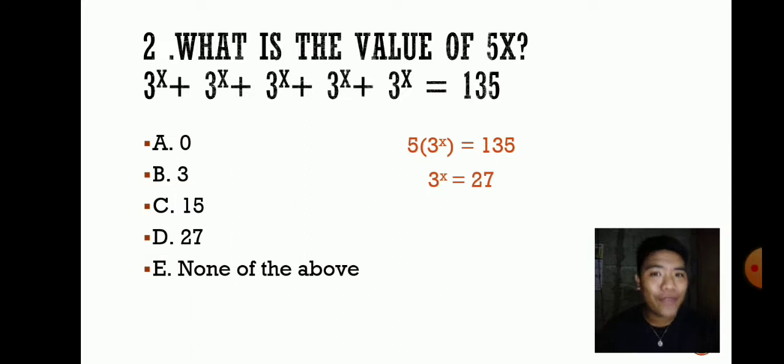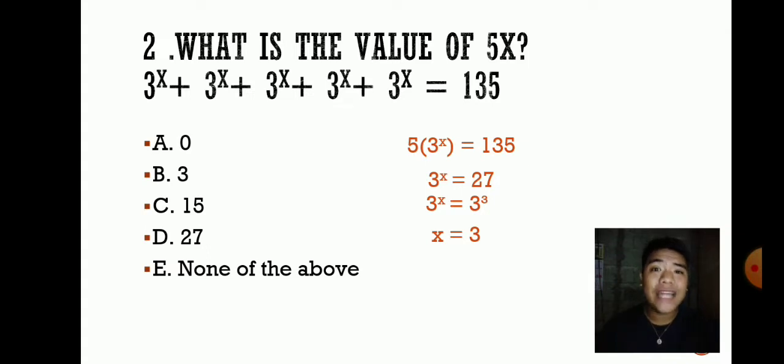And we know the fact that 27 can be written as 3 raised to the power of 3. And by that, we can say that their bases are the same, which is 3. So we can equate both of the exponents, and that is x is equal to 3.